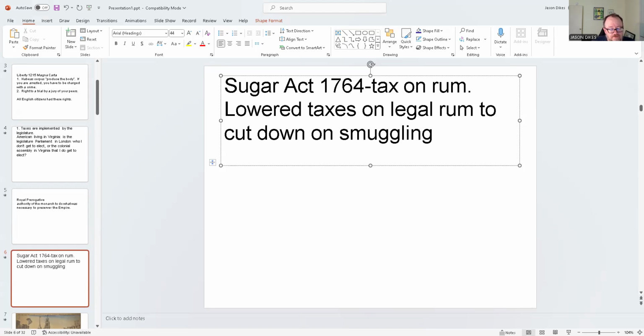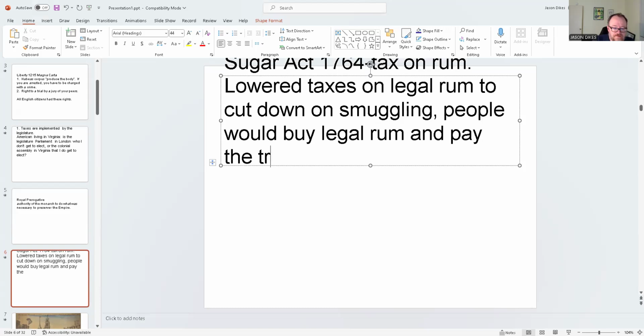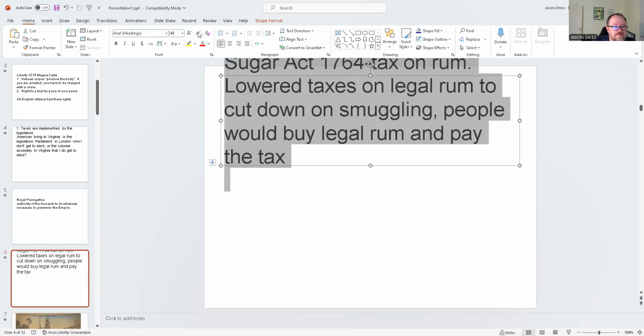John Hancock is one of those people. So it was hoped that if we lowered the cost of legal rum, it would cut down on smuggling. People would buy legal rum and pay the tax that the government needs to keep functioning.